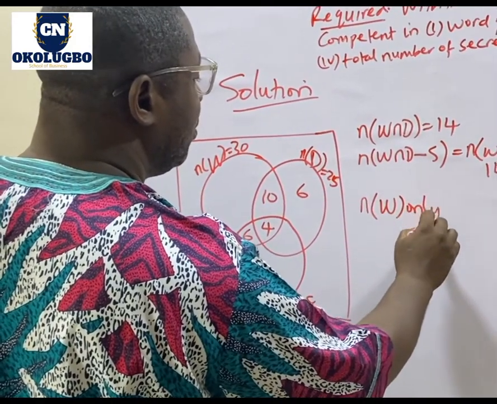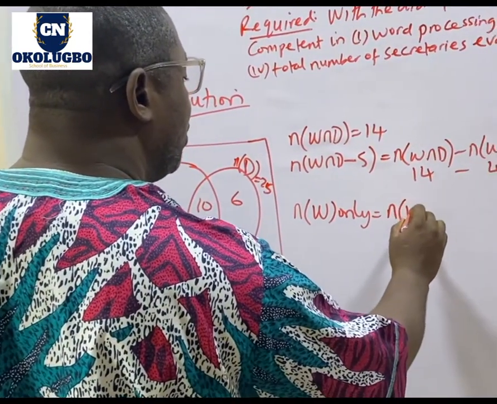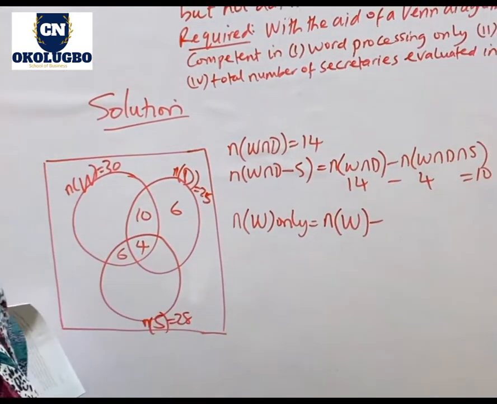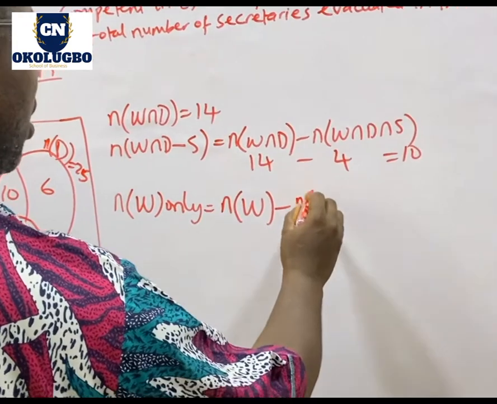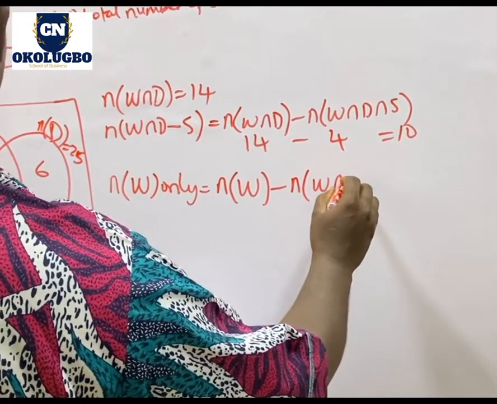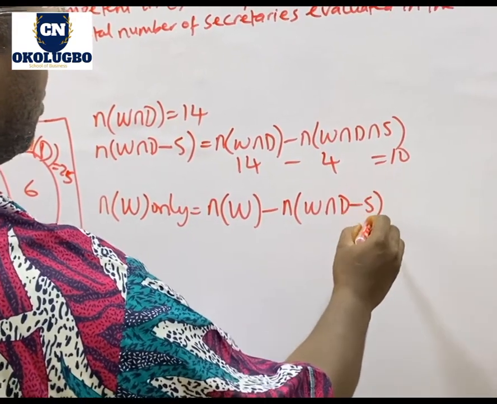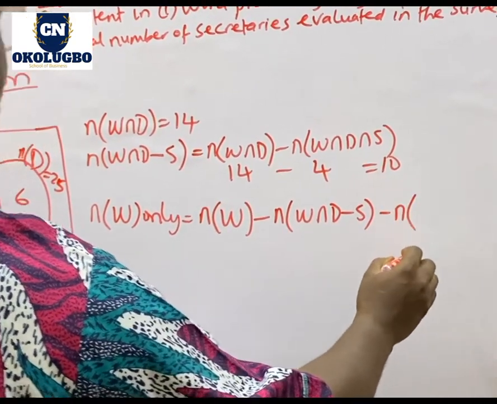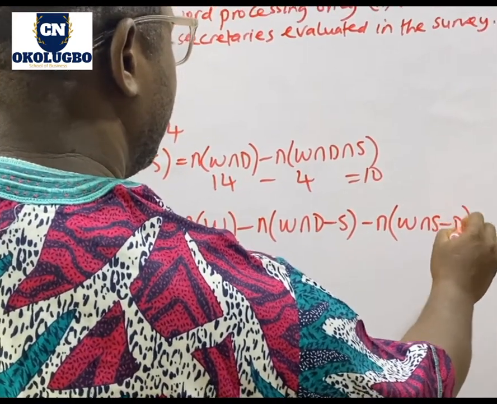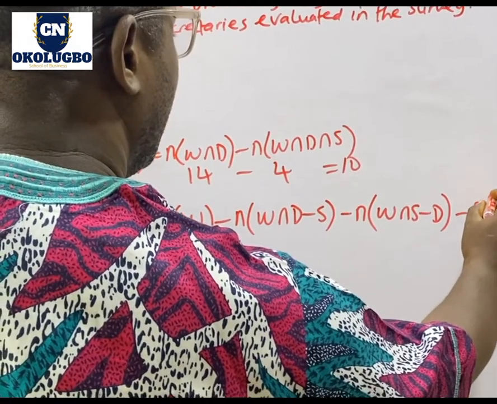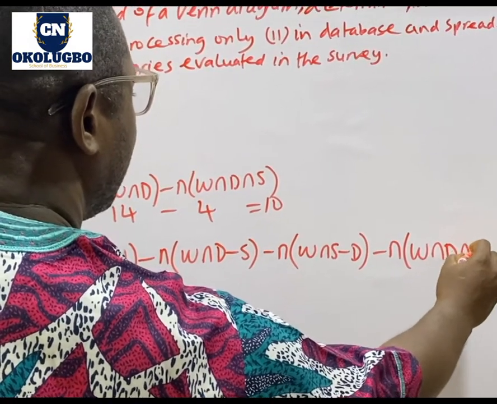Word only will be the number of Word minus, please follow me, the number of Word and database minus spreadsheet, minus the number of Word and spreadsheet minus database, minus the number of Word intersection database intersection spreadsheet.